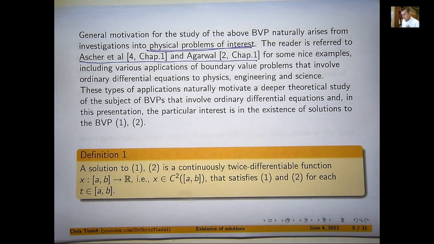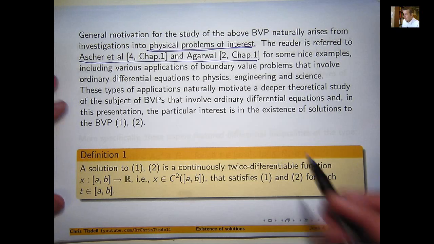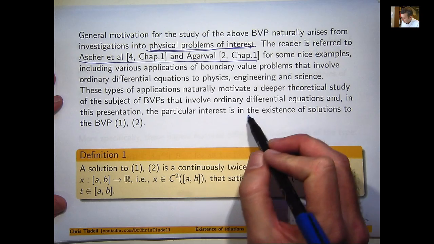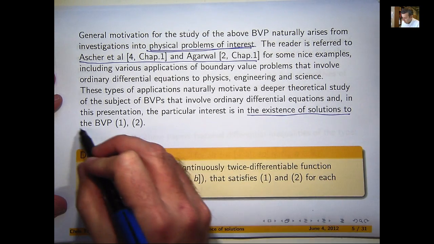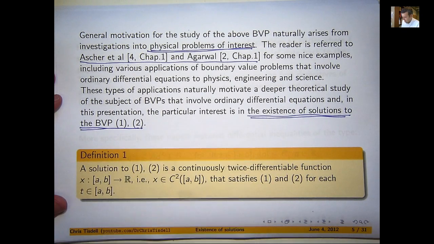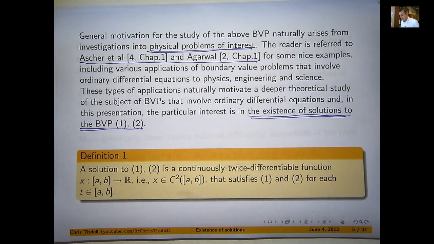Now, if we know boundary value problems and differential equations describe a lot of physical phenomena, then it seems to make sense to also delve deeper into the theoretical aspects of these boundary value problems and these differential equations. And part of such a theoretical study involves the existence of solutions. And that's going to be the main focus of this presentation.